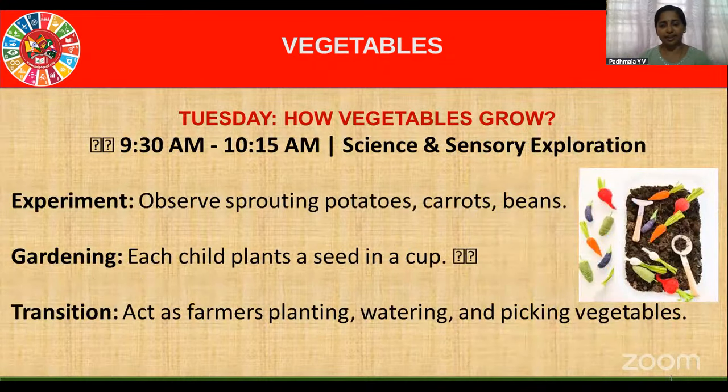The next activity is science and sensory exploration. Here, the child is going to do an experiment. Observe sprouting potatoes, carrot, beans. For all these, the teacher should have done all this previously, so that the sprouting plant is ready to show them.